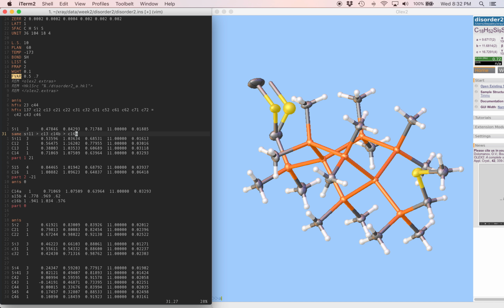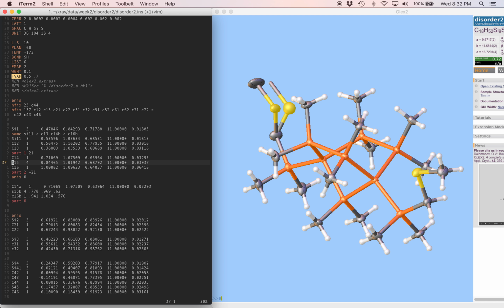I can see a couple little errors that I need to clean up right now. First, C14, this should go inside the disordered part now. C14B got the wrong name. And is there anything else? Let's run this refinement and see how it turns out.